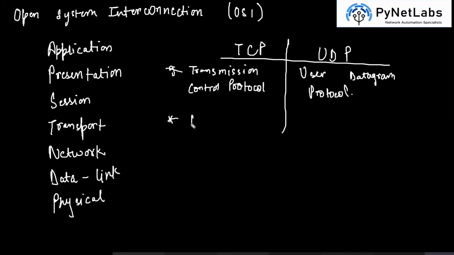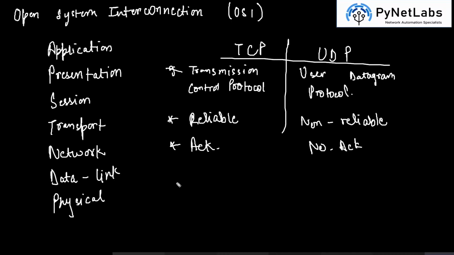Now, TCP is a reliable source for transmission. This is non-reliable. TCP gives acknowledgement. There is no acknowledgement in UDP.